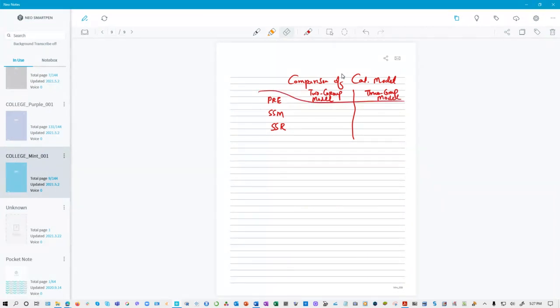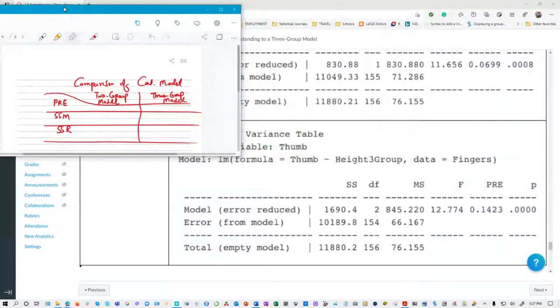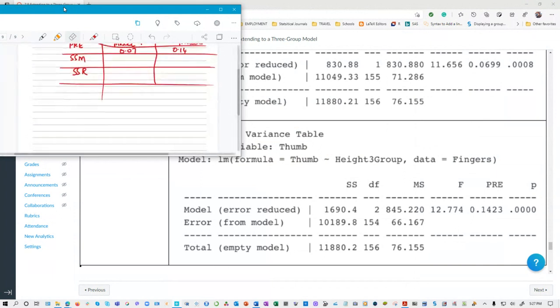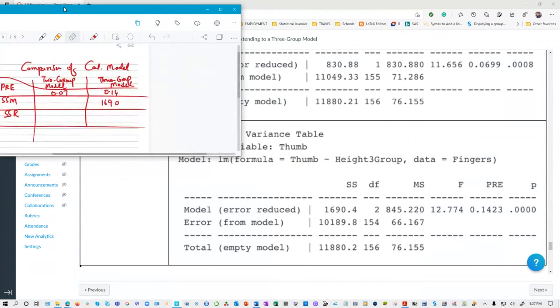So if you look at the PRE, 0.06. I'm going to go to 0.07. This one is almost 0.14, the three-group. And the sum of squares model for the three-group is around 1,690.